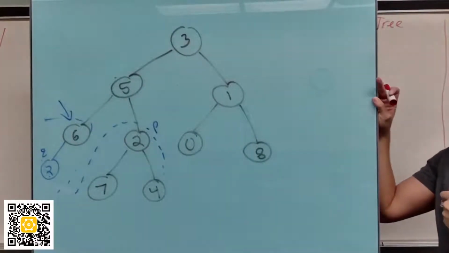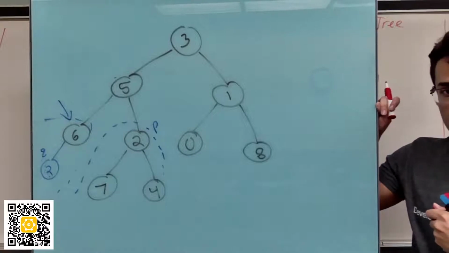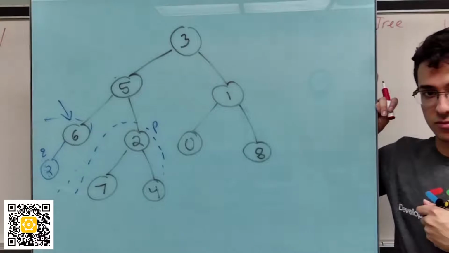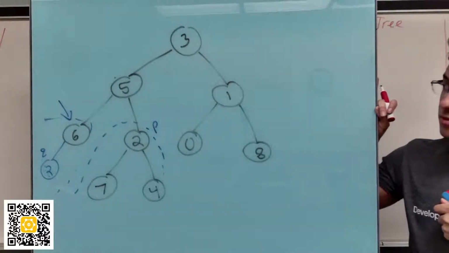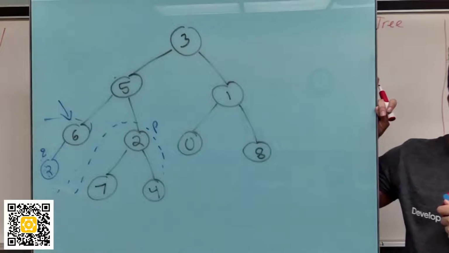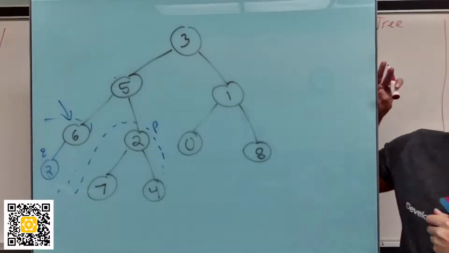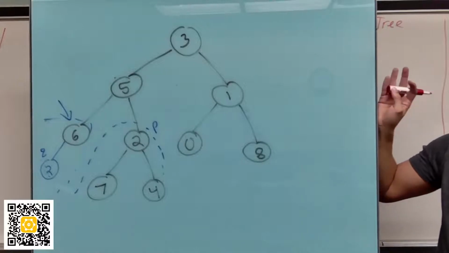So cur is actually going to be true in this case. Why is cur true? Wait, for 6, cur is true? No, it's false. You're right. It's neither. I'm sorry, guys. Okay, cur is false.